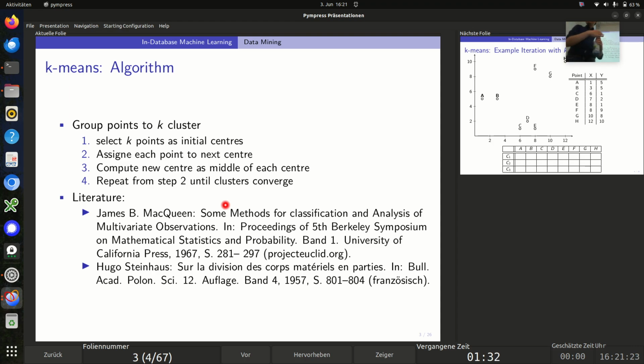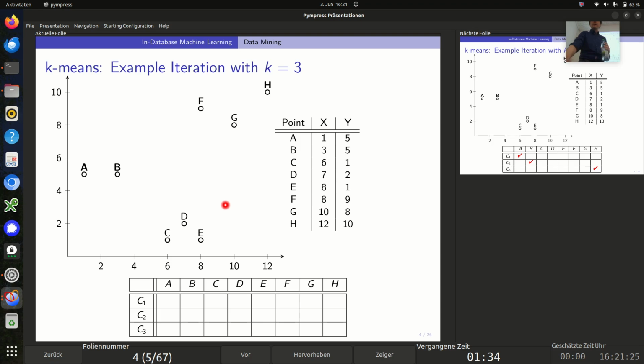Okay, so let's do it with an example. So here I have my points. And what do we select? Randomly we say, okay, we want one center with A, one center with B, and one center with H. And then, so these are our 3 clusters. And then we can say, okay, which are the ones which are the closest?